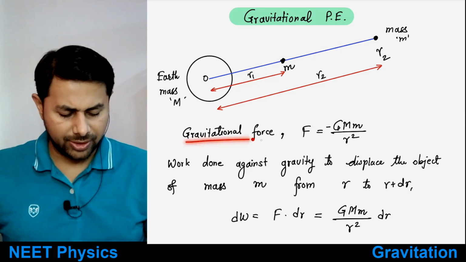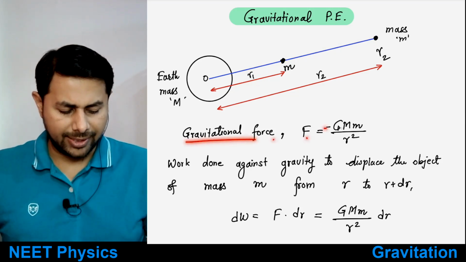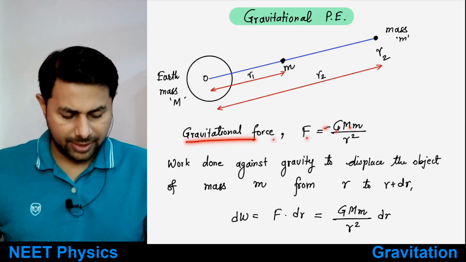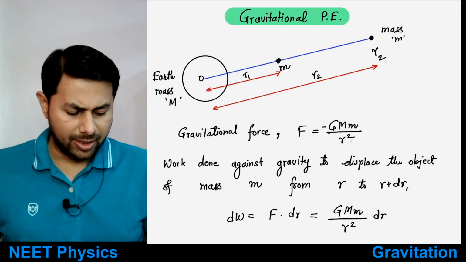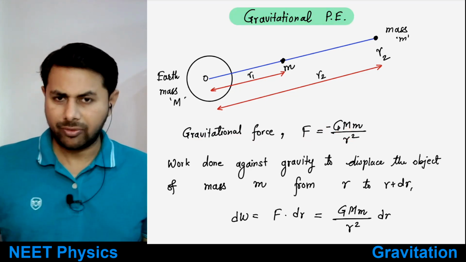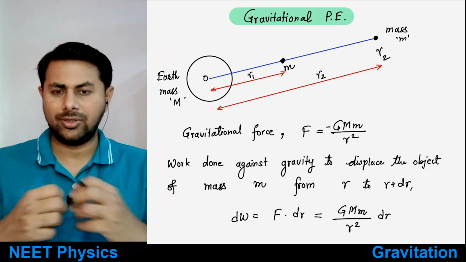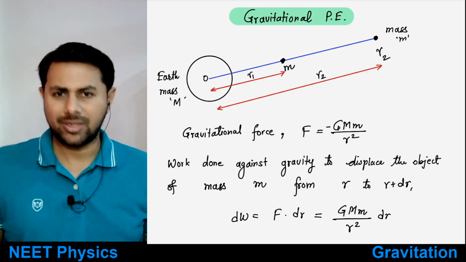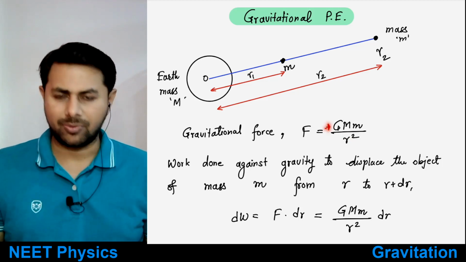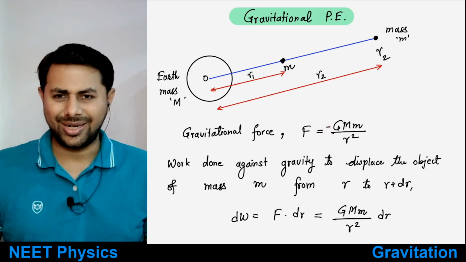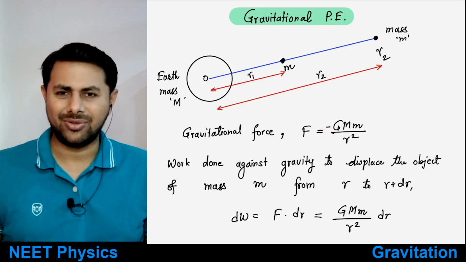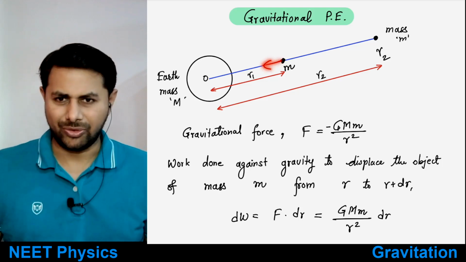The gravitational force is given by F equal to minus G times mass of earth times mass m divided by r square. Then to displace it, I need to exert some external force that will be opposite to the gravitational force.